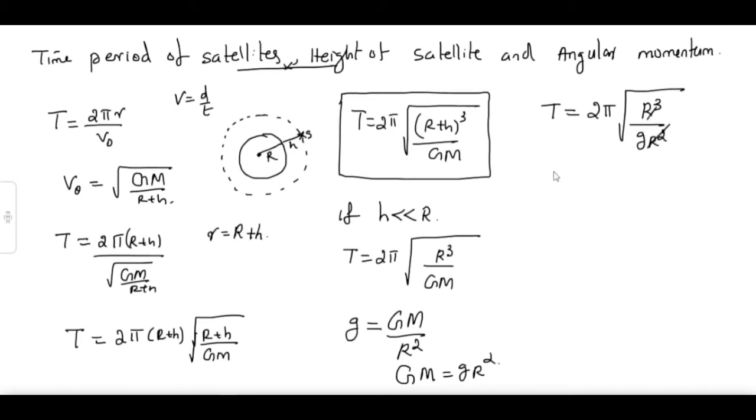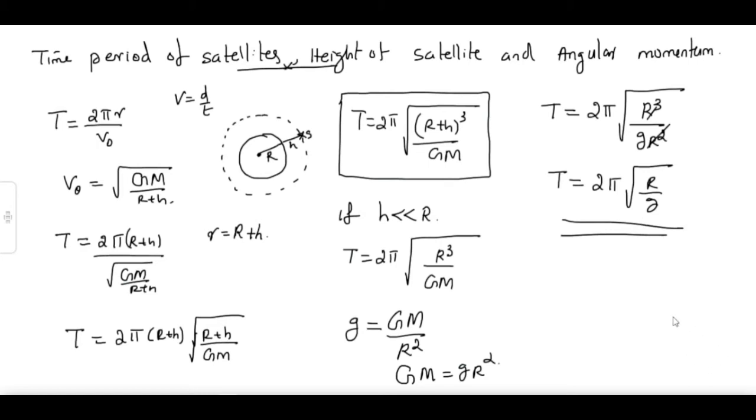R square cancels. So we got the time period T is equal to 2 pi root of R by g. One of the equations for calculating time period of the satellites. Hope it is clear. So the same formula, time period is equal to 2 pi square root of (R plus h) whole cube divided by GM, can be used to calculate the height of the satellite.